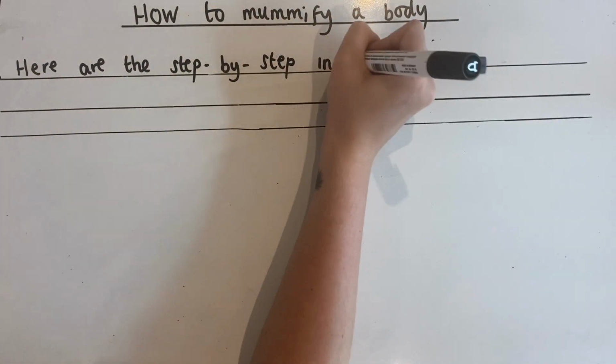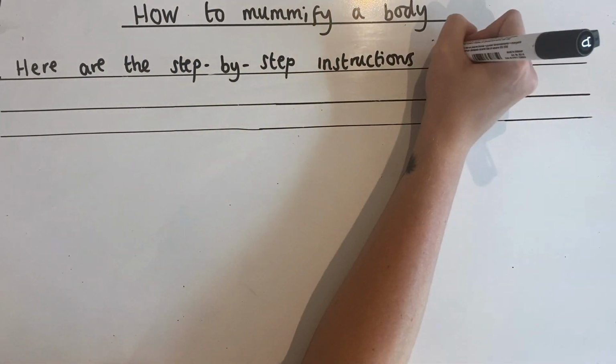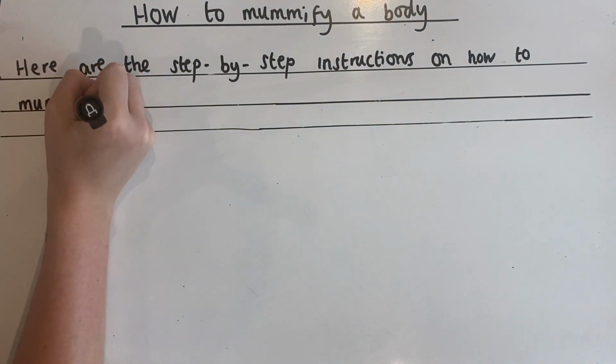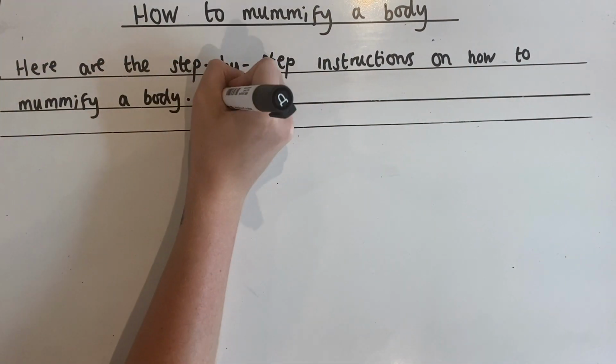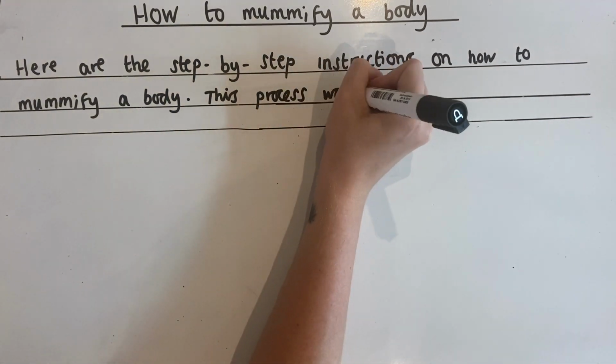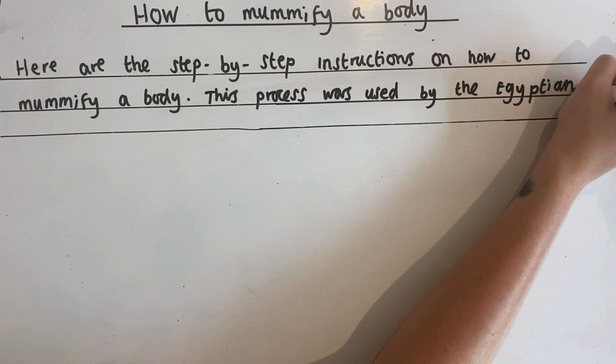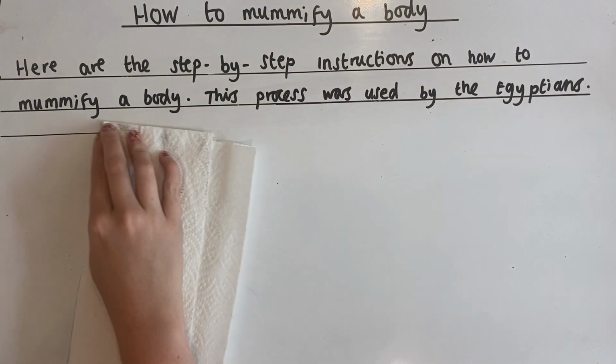So I'm going to write, here are the step-by-step instructions on how to mummify a body. This process was used by the Egyptians. This gives people a brief overview on what they're going to achieve when following your instructions.